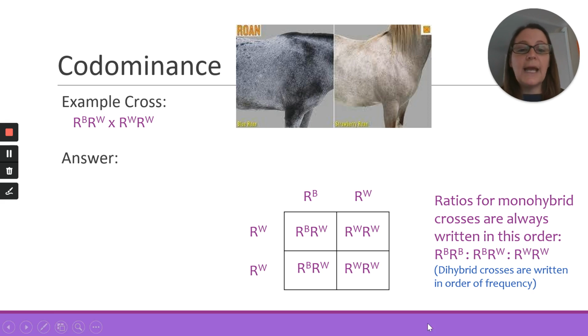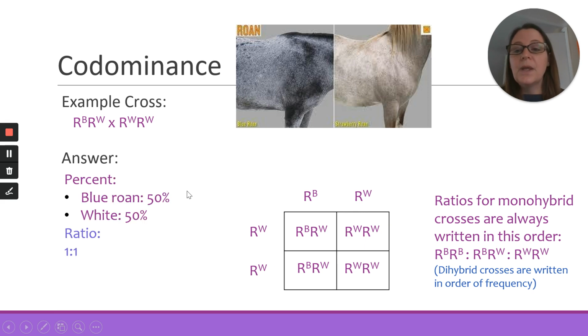So then we take a look at the phenotypes and the genotypes. So here we have two heterozygous individuals. They're going to be roan, just like their parent. And then we have two white offspring as well, which are going to be like this parent. So 50% blue roan, 50% white. A ratio is 1 to 1.